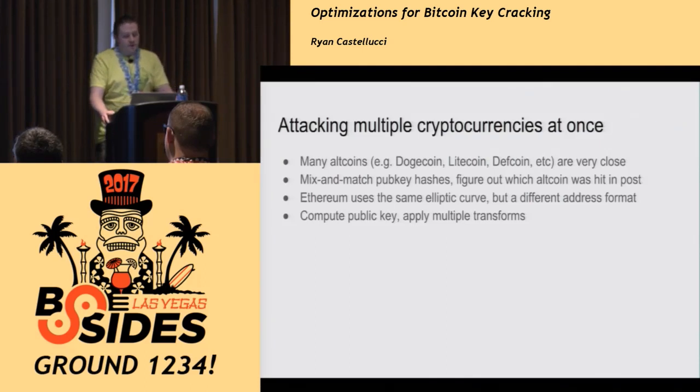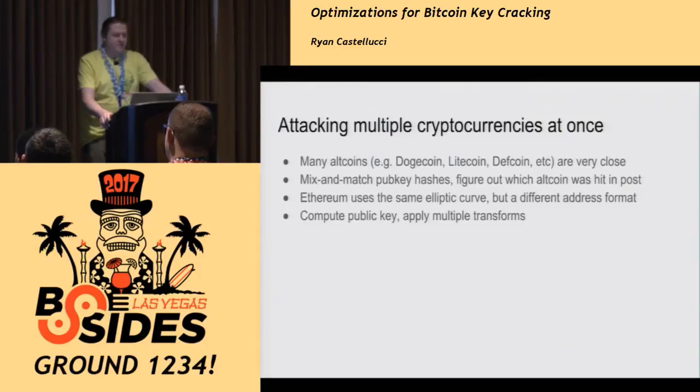Other fun things, you can attack multiple cryptocurrencies at once. If you want to do that, you need to post-process them because there's nothing in the data structure that will indicate which cryptocurrency it came from. But I've played around with getting address dumps for 100 random altcoins and feeding them all in together. It works perfectly fine. If you have ones that use different address formats like Ethereum, you can still do that.